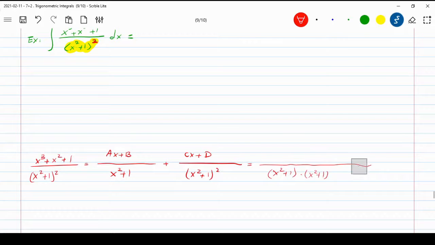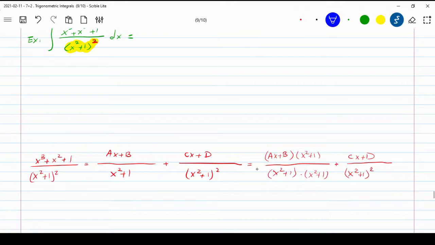So let me write this. I need to multiply ax plus b in the first fraction by x squared plus 1. And the second one, denominator is exactly the same thing. You don't need to multiply anything because it's the same as x squared plus 1 squared. So I have cx plus d here.